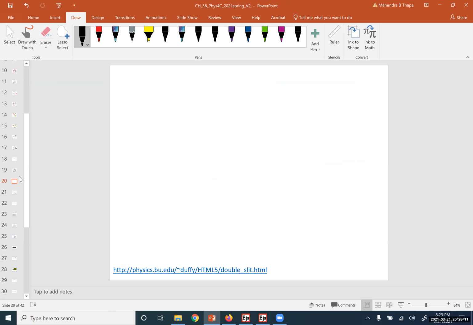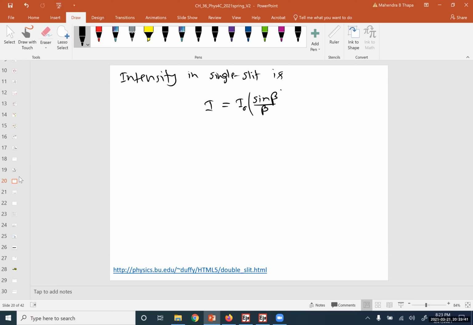So the intensity in single slit, we represent by I, where I equals I naught times sine beta over beta, this is squared.